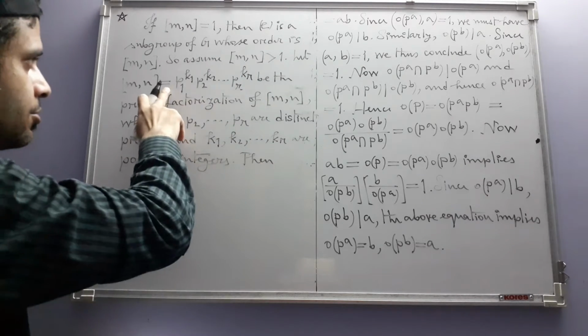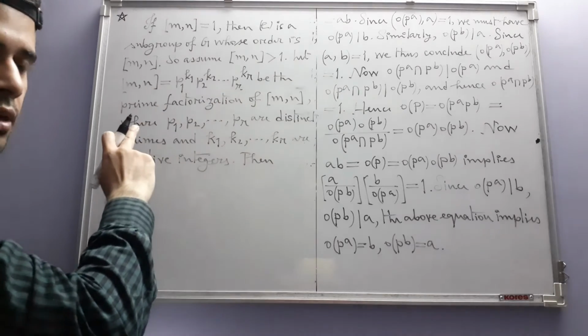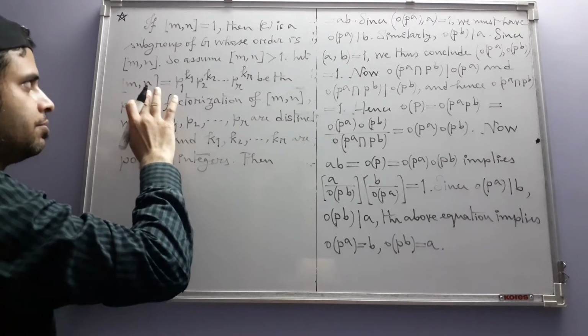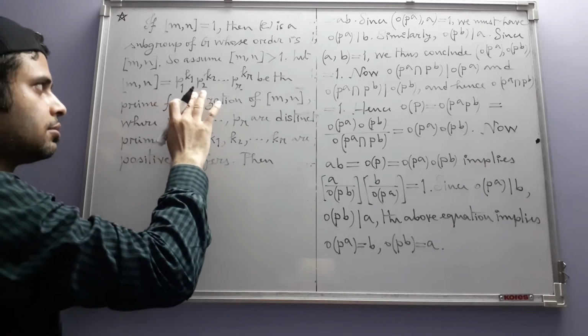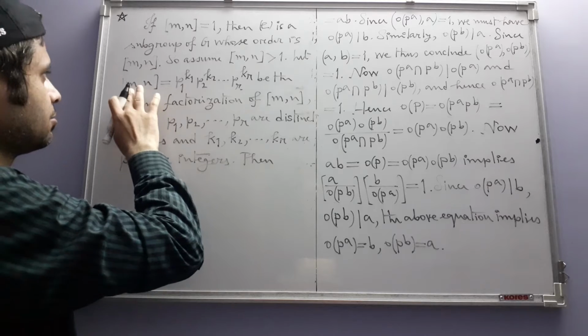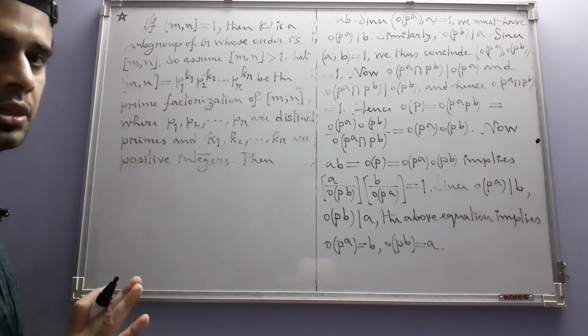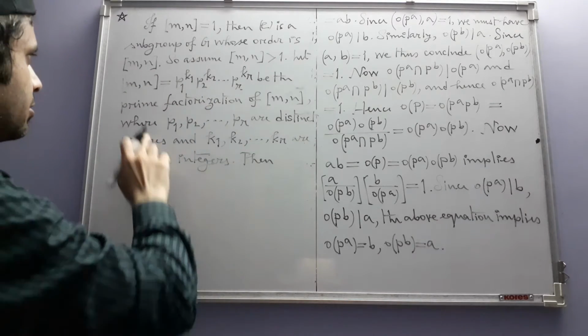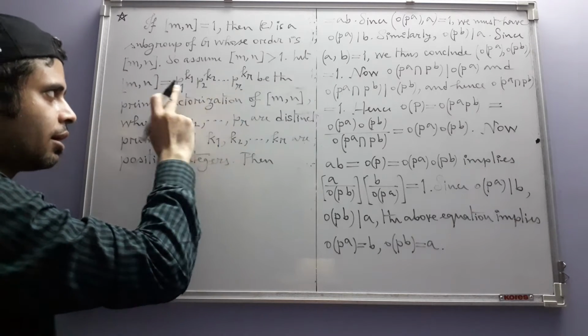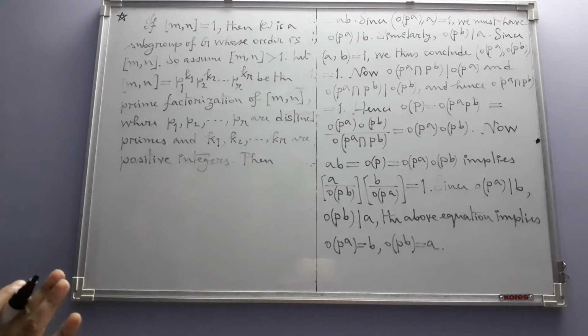That means it has to appear here somewhere. In other words, the prime factors of m are primes from this list. It may happen that, say, P1 does not divide m. That may happen, but we cannot have a prime factor of m which is none of these primes. That cannot happen. Okay.